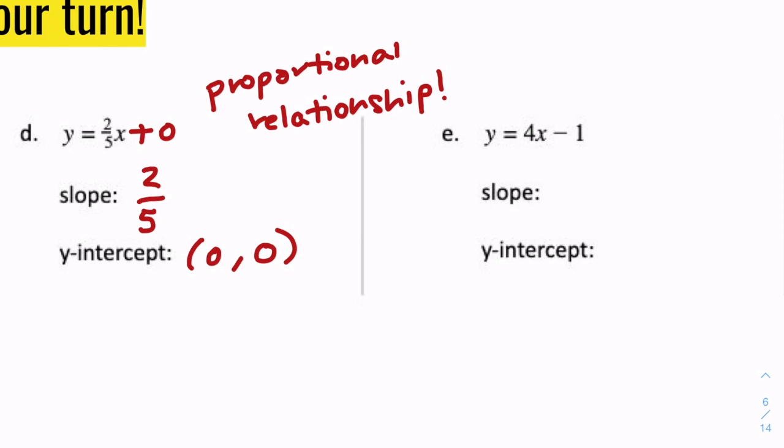Second example, the slope is my coefficient on x, so 4. Again, for graphing purposes, if you wanted to get crazy, you can write it over 1, so +4 or 4 over 1. And then the y-intercept comes from the constant at the end. Again, treat the sign in front of the 1 like a sign on an integer, so it's like a -1, so my y-intercept is going to be 0, -1.